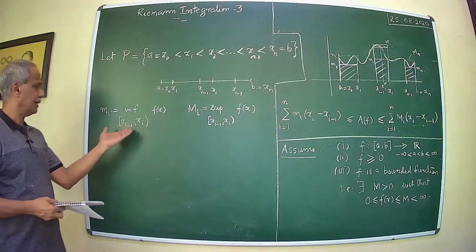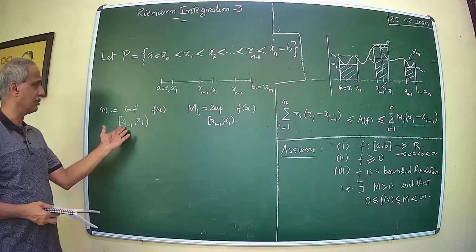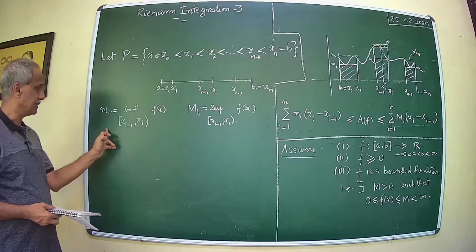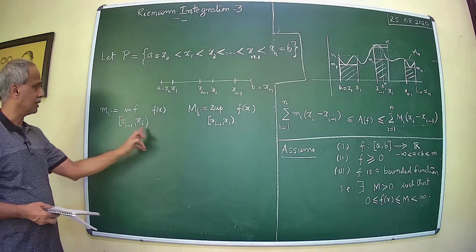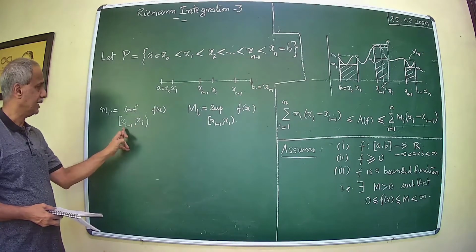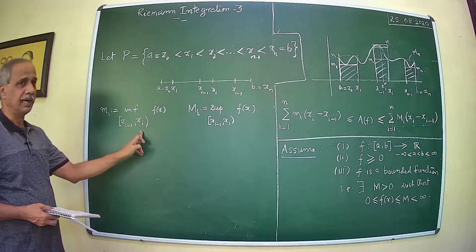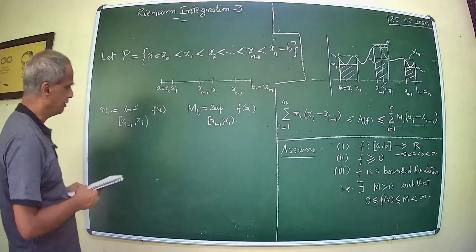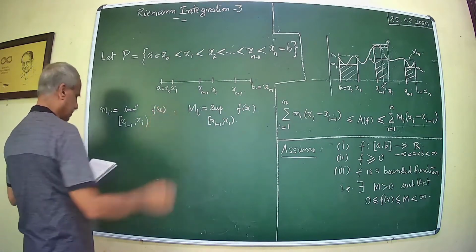Maybe for the case i equal to n, you take the closed interval xn minus 1 to xn, that is xn minus 1 to b, and similarly, but that is immaterial.